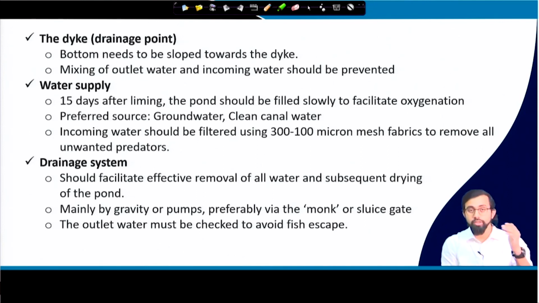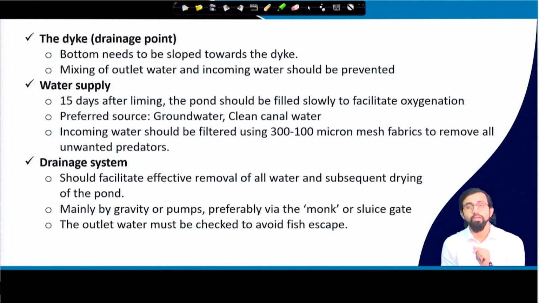I am not going into details on the purpose, because I could take a full lecture on the usefulness of liming material in a pond, before pond construction, and even after the pond we sometimes provide it. You can better search on Google what the requirement and need of liming is in pond development.